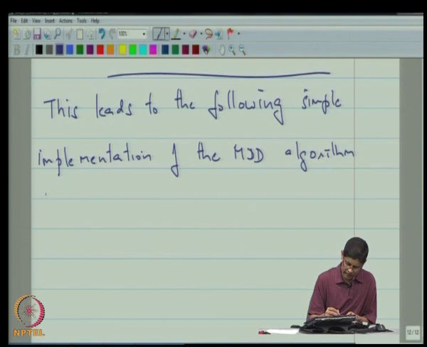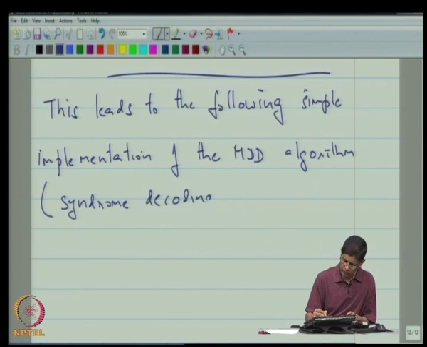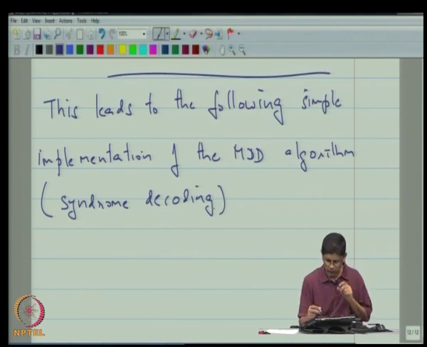And if you like, you can call this syndrome decoding, or standard array decoding.